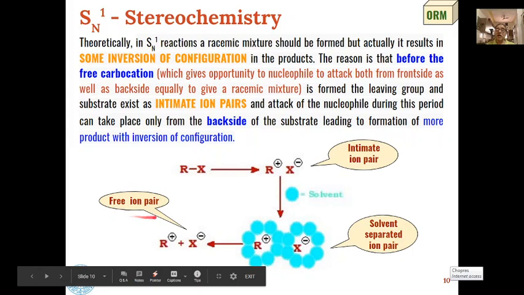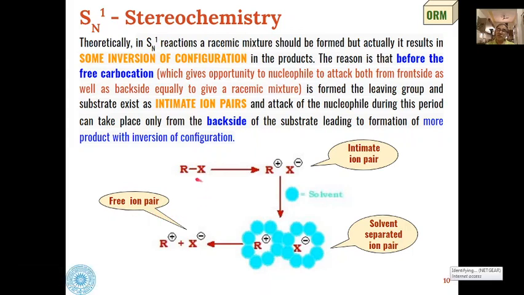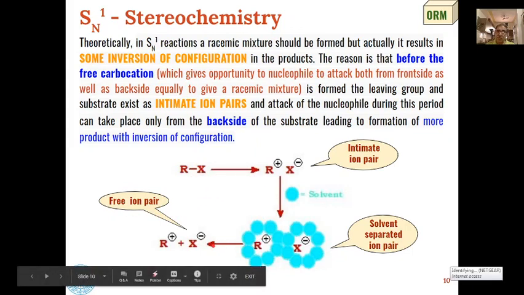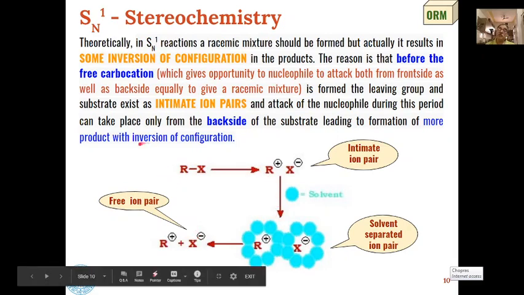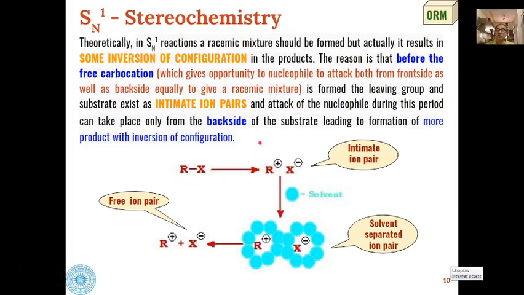So free ion pair formation takes some time after passing through this process, and while this process is taking place, till that time the back side of the molecule is free to interact with the nucleophile. So during this time the nucleophile can attack from the back side of the molecule, not from the front side.